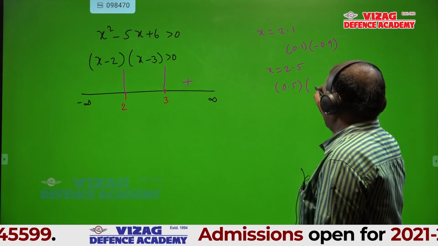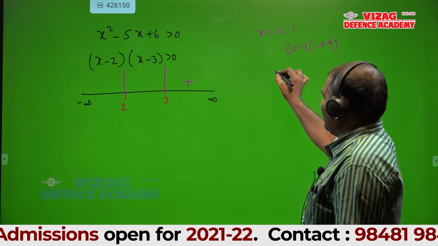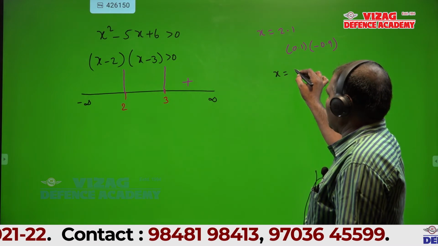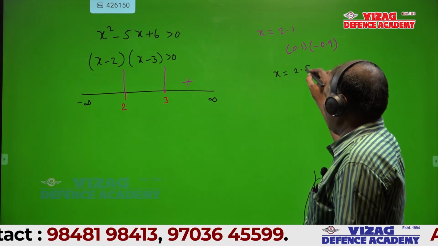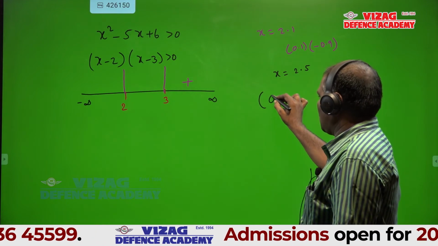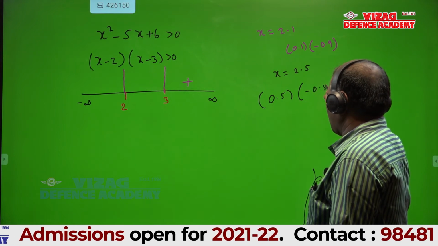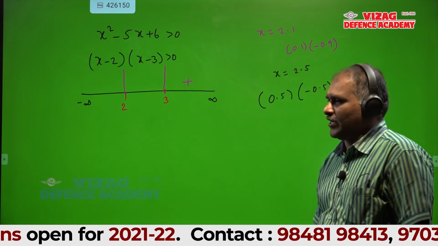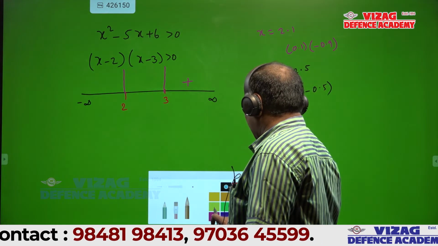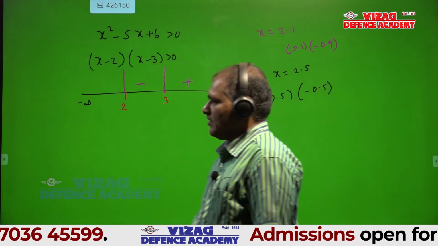Minus 0.5. Positive into negative is negative. Therefore, the product is negative.